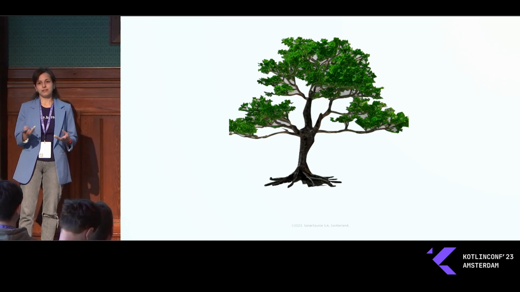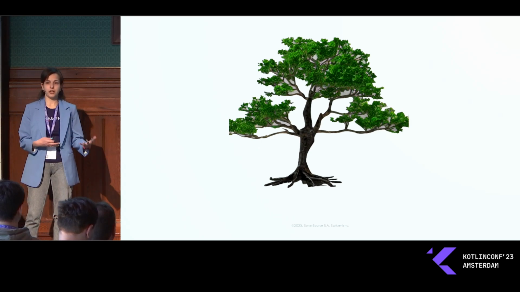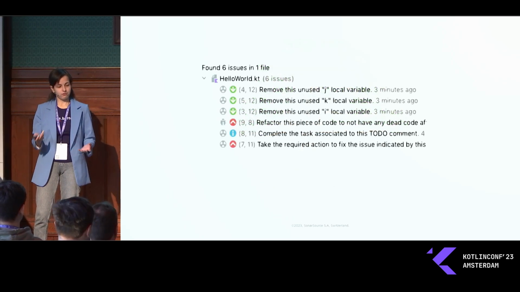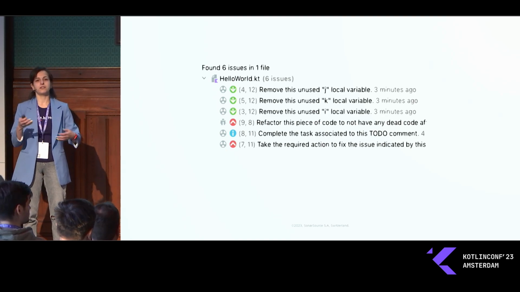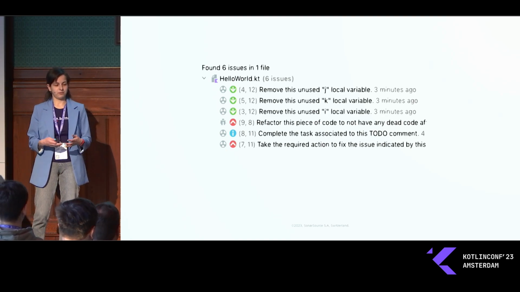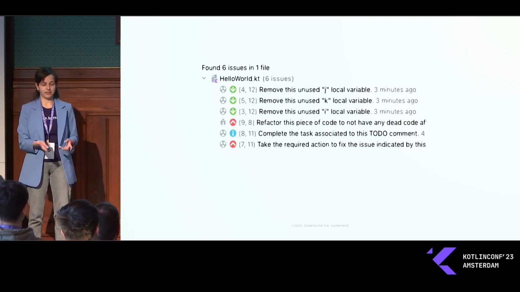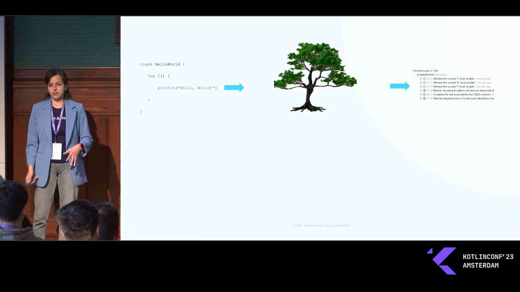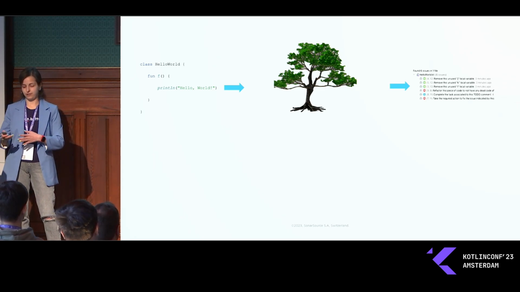Our analyzers take this tree, run some rules, some checks, and transform it into the result. So we show you here you have some vulnerability, here you have some code smell. This one is just info for you. And this is just an example. So in simple words, the scheme looks like this: source code, tree, and result.